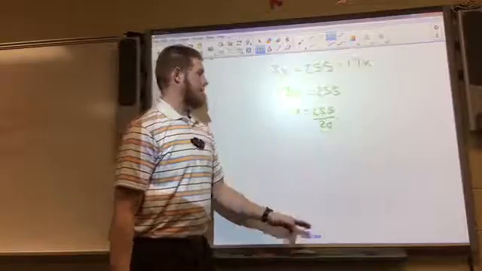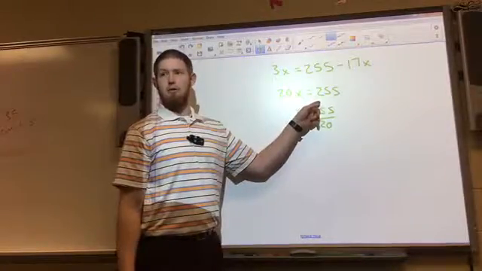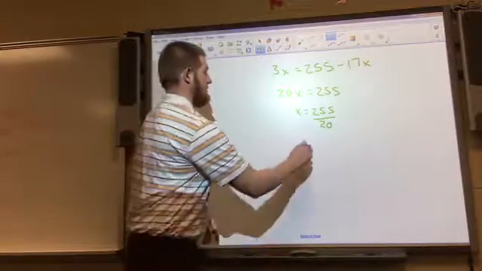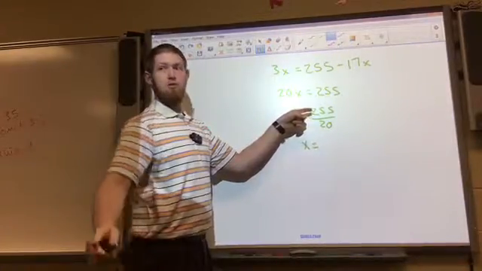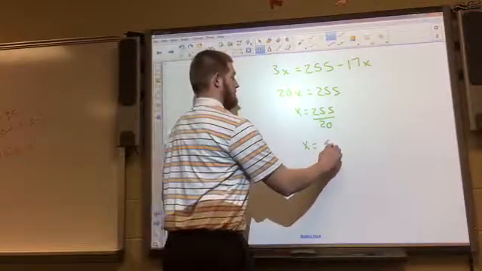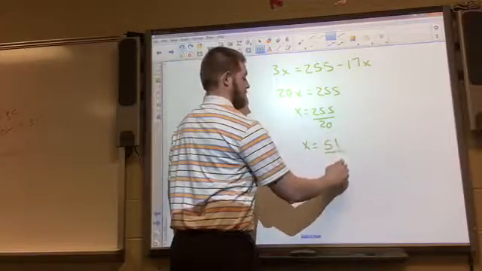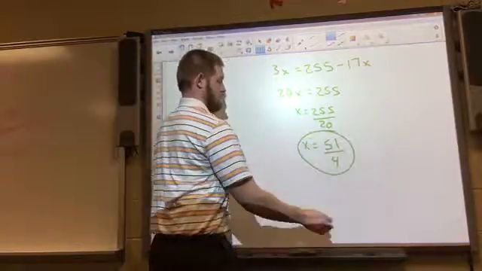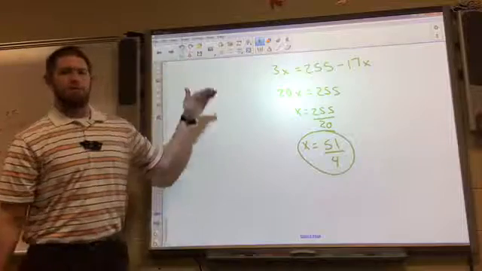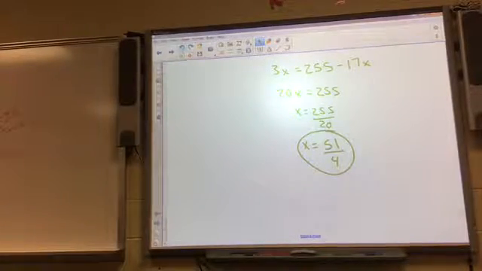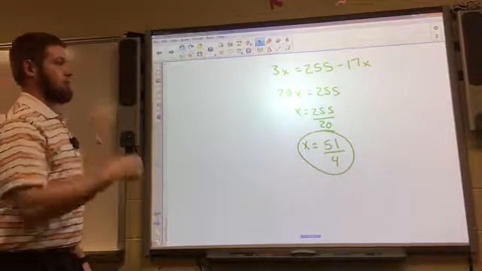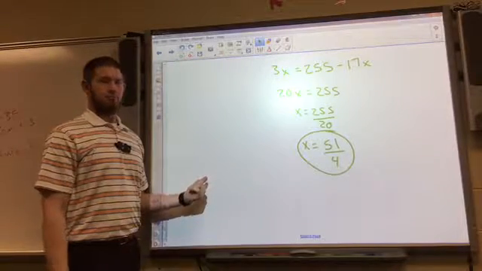Now looking at that, I know it's divisible by 5. 255 divided by 5 is, it's what, Taylor? 51. And 20 divided by 5 is 4. Again, I know I flew through that algebra portion, because we should be able to do that part by now. The challenging part should be setting up your proper proportion.